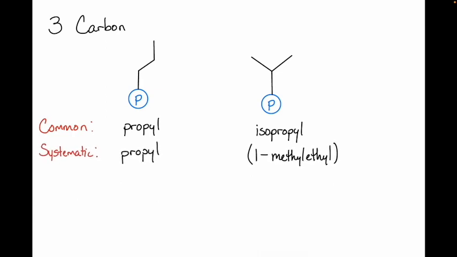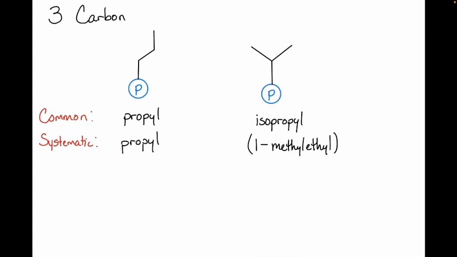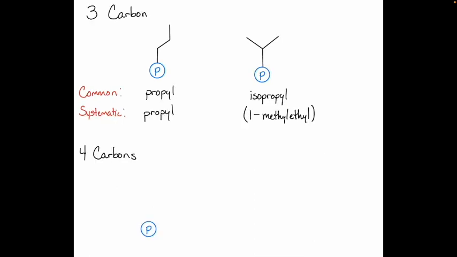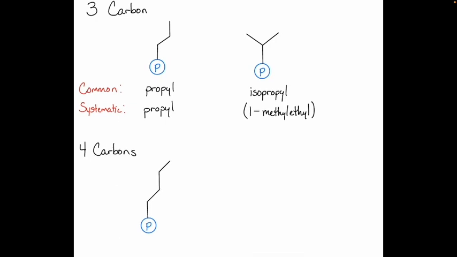All right, so what if we have 4 carbons? When we had this straight chain of 4 carbons, 1, 2, what do we call that? Just a butyl group.